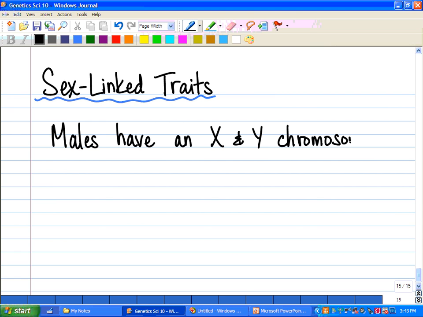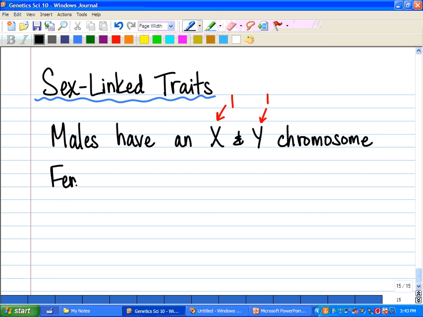So they have one of each of those. If that wasn't clear, they have one X chromosome and one Y chromosome. So all males, when you look at your chromosomes, what makes you male is that you have an X and a Y.